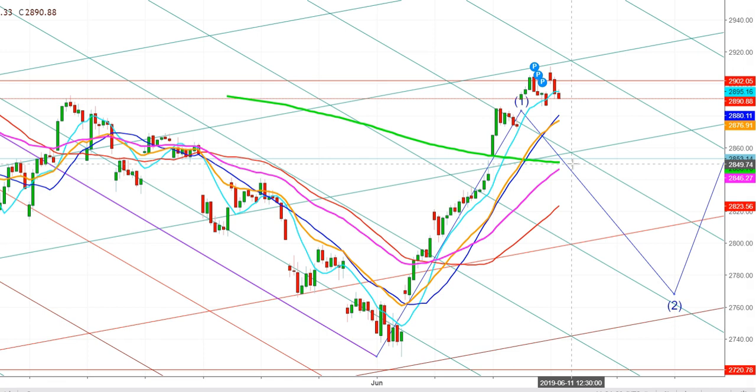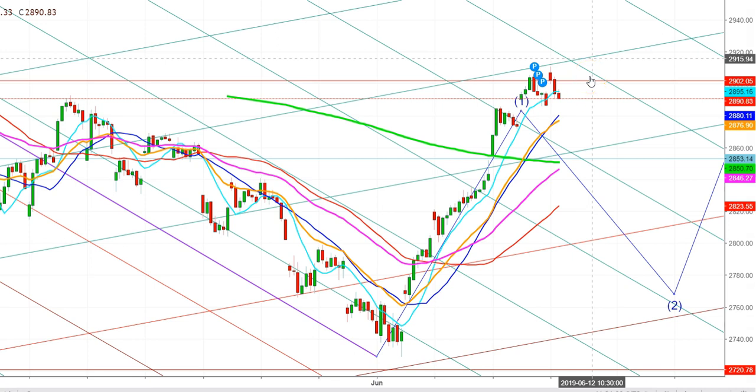where we may find S&P 500 take a bounce back from these levels up to 2915 once again. But once again we will see S&P 500 witness a strong sell-off from these levels.